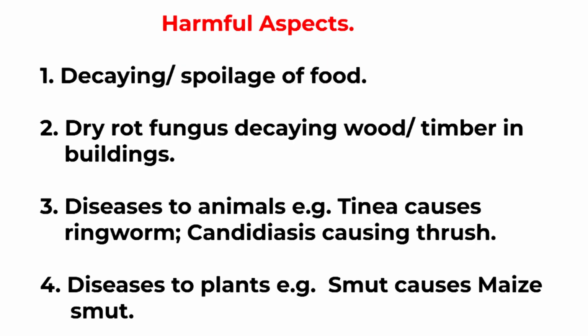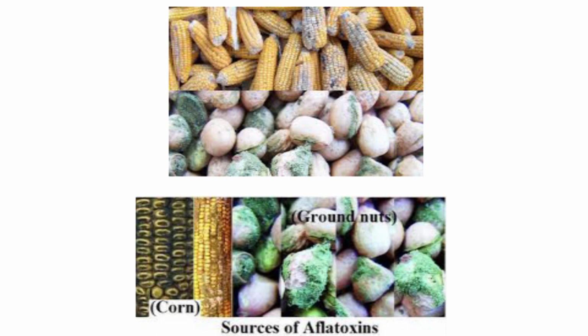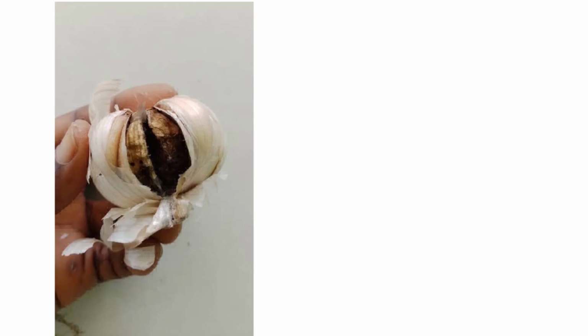Okay, then the harmful aspects. One is that they decay food, they spoil food. For instance, Aspergillus can produce aflatoxins, which are cancer-causing substances. Look at these peanuts, it has these fungi that are very dangerous. Look at the garlic, the black soot is fungi.